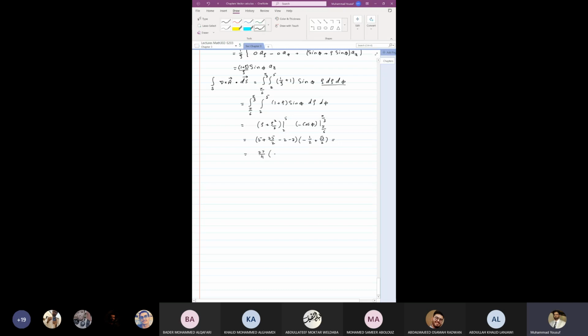And then we have negative 1 plus square root 3. So this is the final answer. And if we compute this using a calculator, that is 4.941. So this is the solved example.